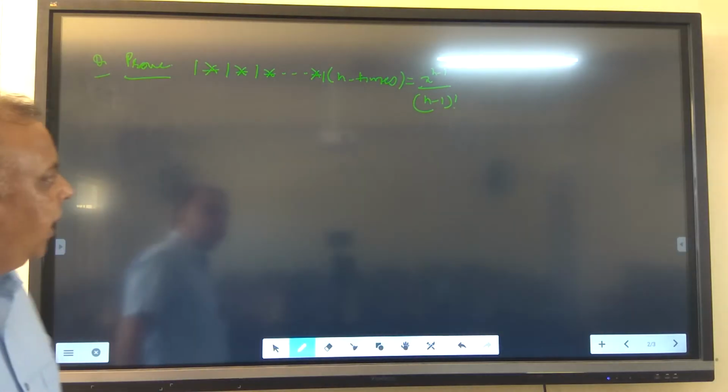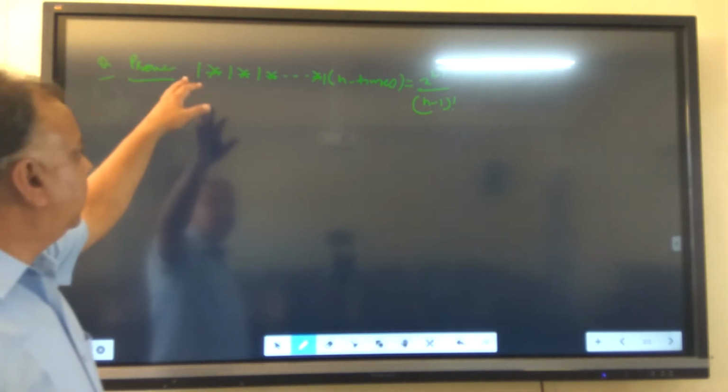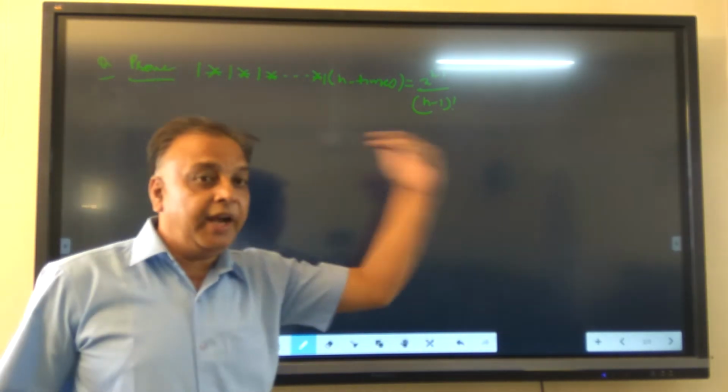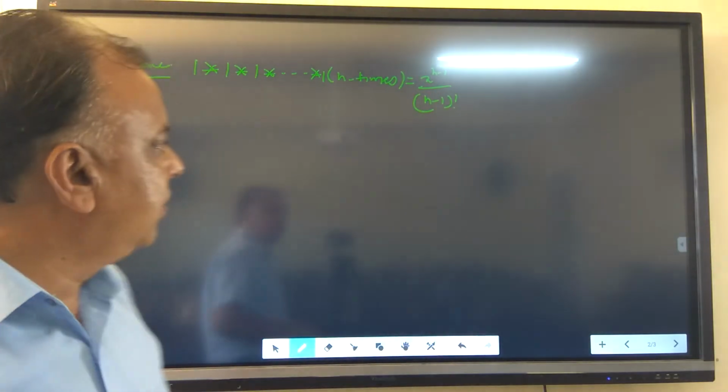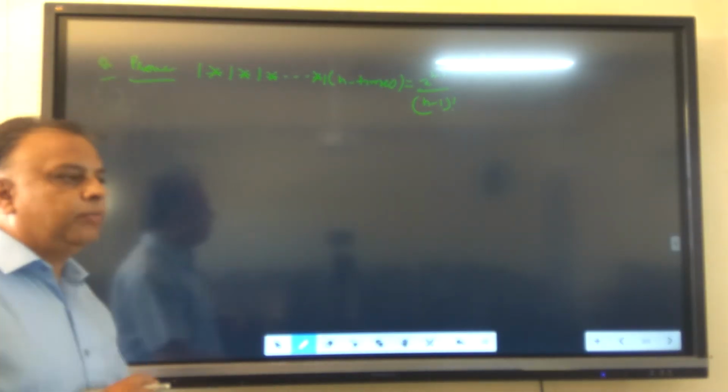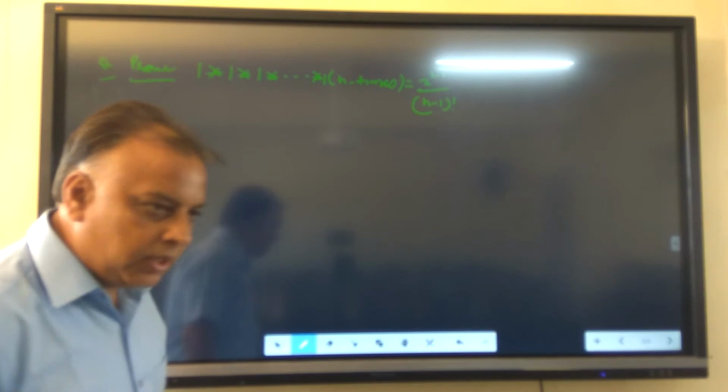We have to calculate the convolution of 1 with 1 with 1, n times, and we get x raised to n minus 1 upon factorial n minus 1.